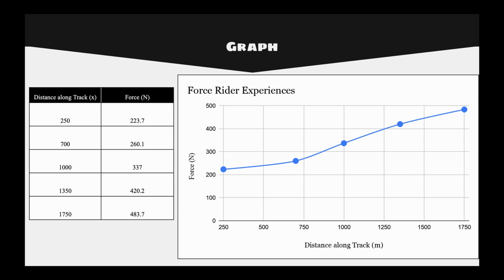So the height is always the same, and the formula we used to calculate the force was v squared over r plus g, all of that over g, and the v squared is always the same. And then the only thing that changes is basically r, and then we use that to calculate the force in newtons for each of those 5 points on the graph.